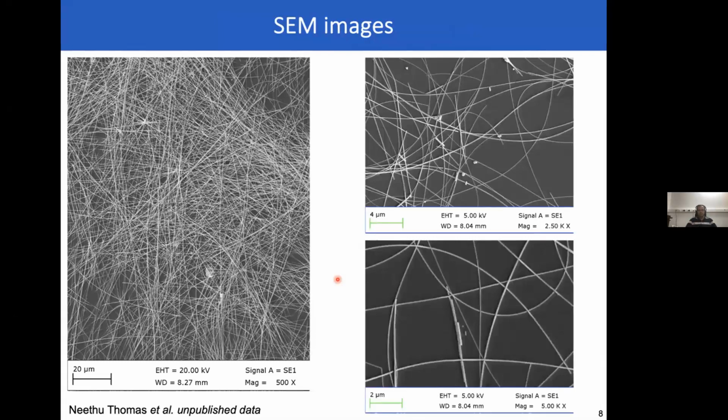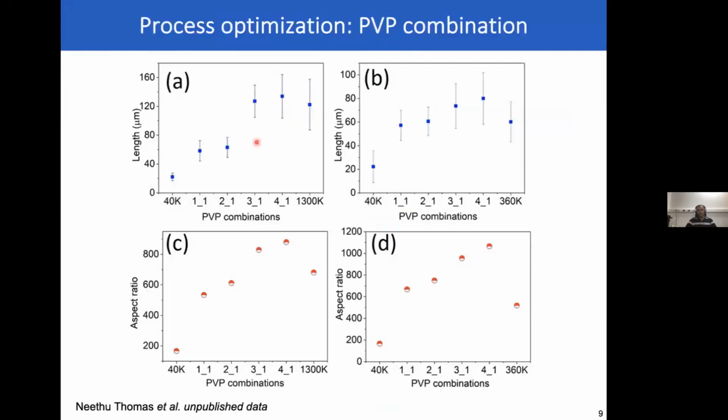Through this process, we were actually able to grow nanowires that were more than 100 micrometers in length, with the diameter slightly higher, closer to or slightly more than 100 nanometers. But we were actually able to get really long wires.